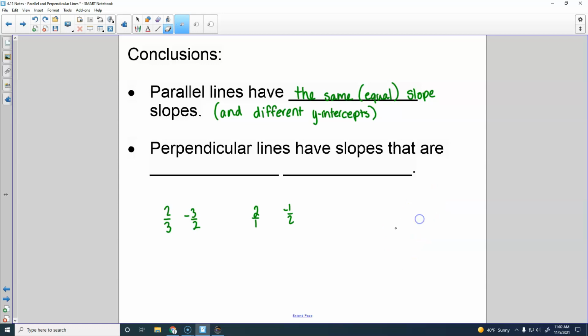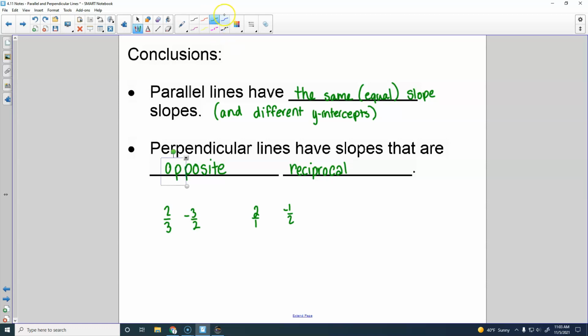So there's some fancy words we're going to use for this. We're going to say opposite. That's not that fancy. But this next word's really fancy. Reciprocal. Have you guys heard the word reciprocal before? Yeah. When you're multiplying fractions, you multiply by the reciprocal.